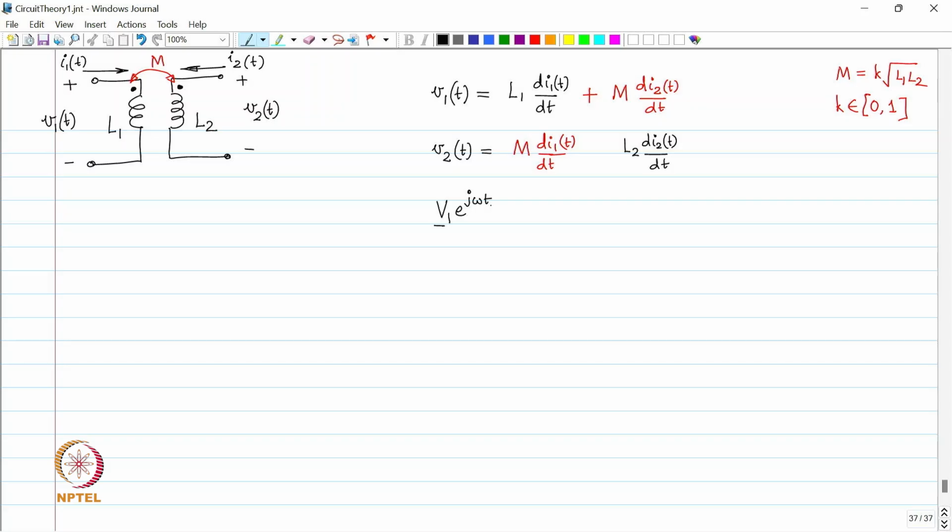And I 1 is going to be some capital I 1, complex, times e to the power j omega t. And I 2 is going to be some capital I 2, complex, times e to the power j omega t. Okay.